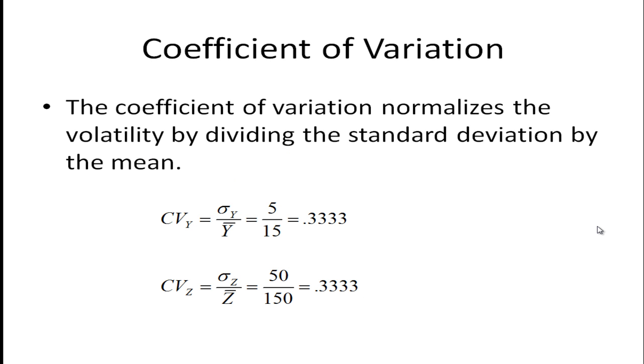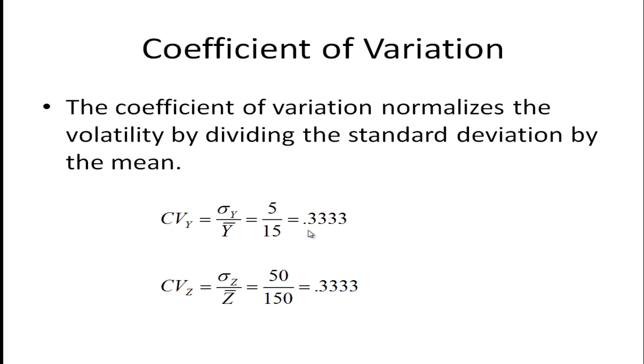So how can we deal with that? We'll deal with that by using something known as the coefficient of variation. The coefficient of variation normalizes the volatility by dividing the standard deviation by the mean. So if we go back to our calculations, the coefficient of variation for y is going to be the standard deviation, which was 5, divided by the mean of y, which is 15.